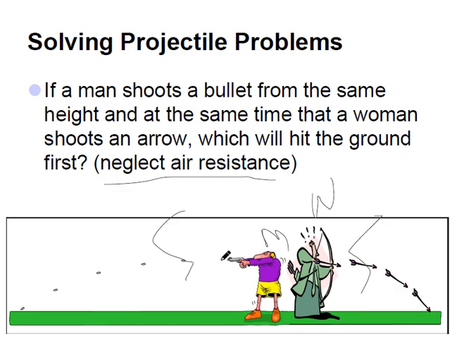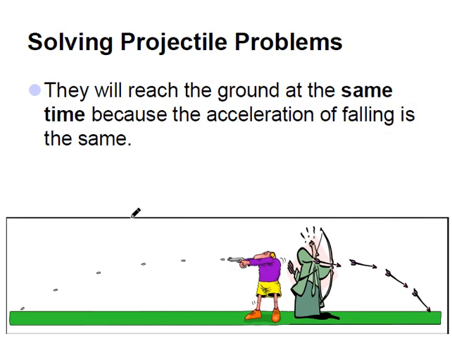Of course, the bullet is a little particle, and your arrow is a very distinct body with a particular shape and size. So we have different sizes here and different shapes here. Of course, we're not dealing with air resistance. We will neglect it. Since we neglect the air resistance, you will be dealing only with the falling acceleration, which is your g, and they're going to hit at the same time.